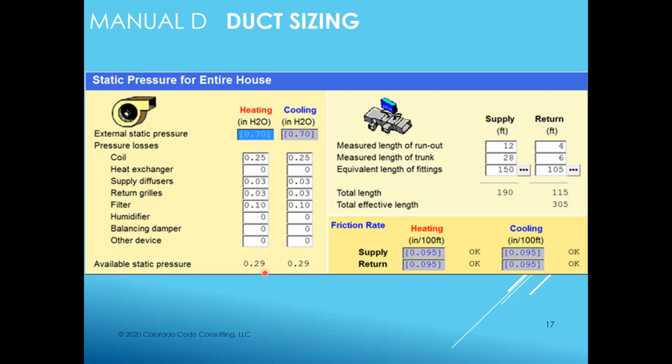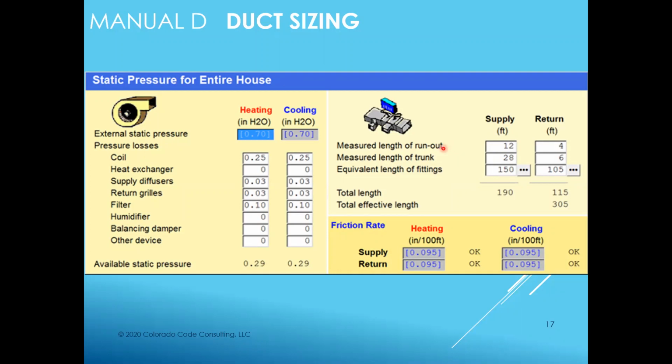When I said available static pressure, that's this number here. In this particular case, it's 0.29. So we're going to find out, is that enough for the length and everything that we've got for ductwork?